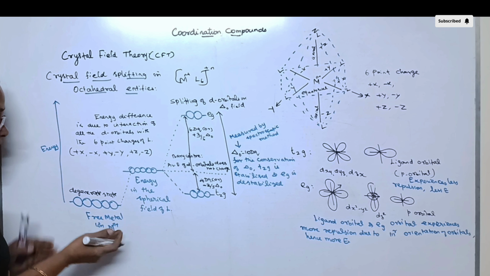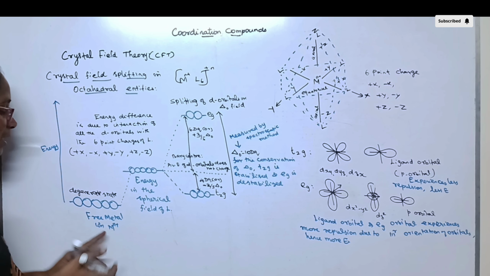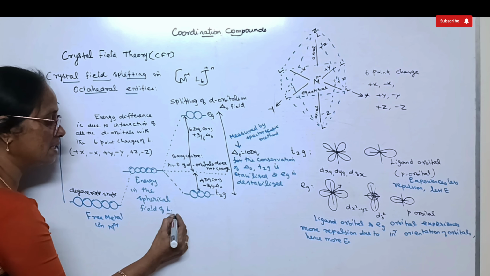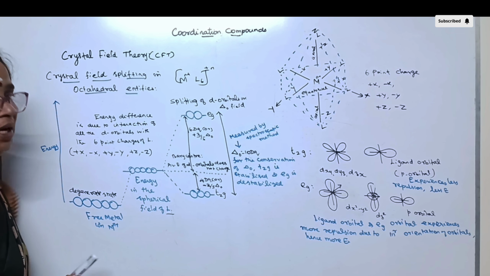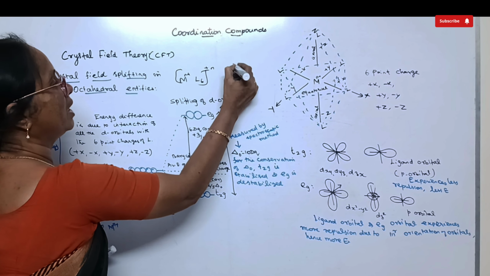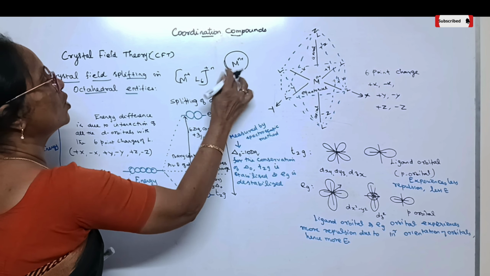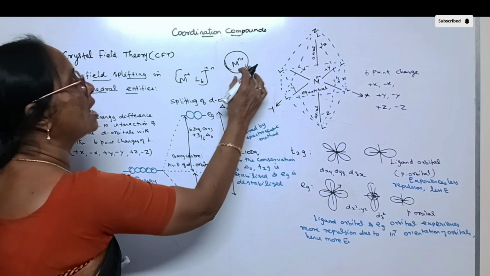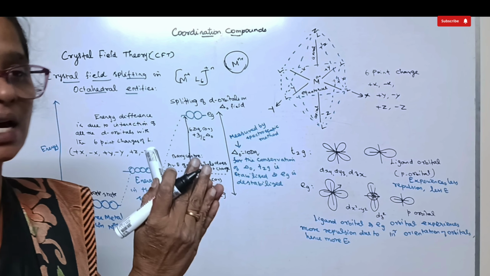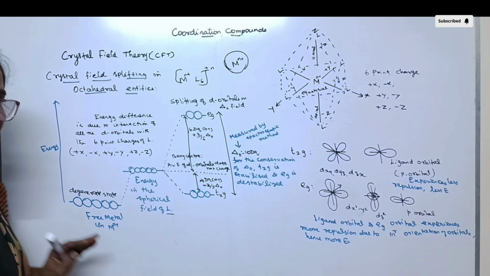Now the energy of the d orbitals of the metal ion is raised under the influence of the spherical field of the ligands. The spherical field of ligands can be represented as Mn+ surrounded in such a way. Only when the ligands surround the metal ion is the energy of the d orbitals raised.